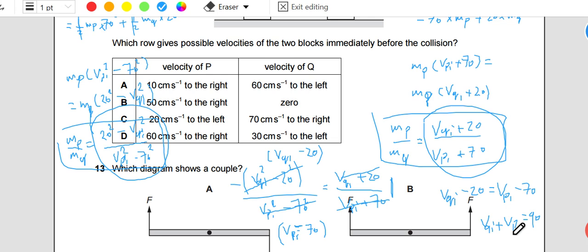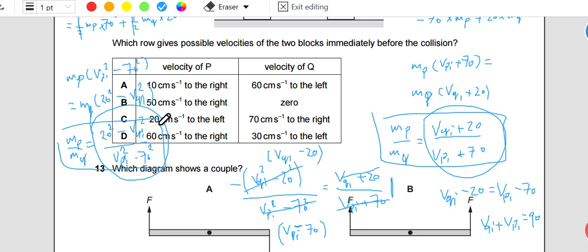So if we look at the first choice, 10 centimeters per second to the right, 60 to the left, this means positive 10 minus 60, the sum is minus 50, not 90. Here 50 and 0 is not equal to 90.